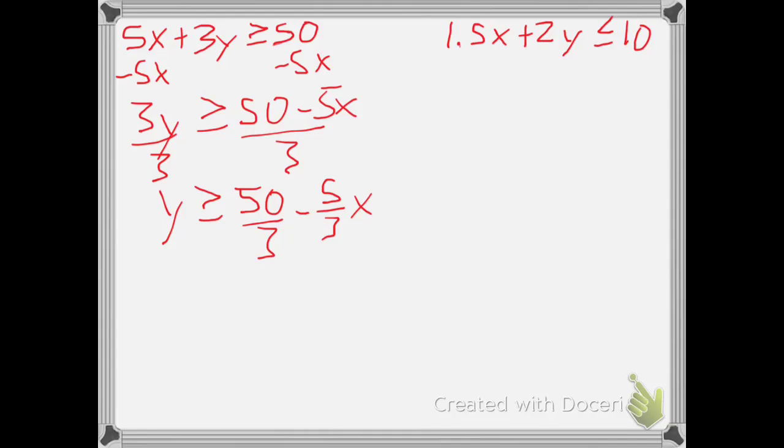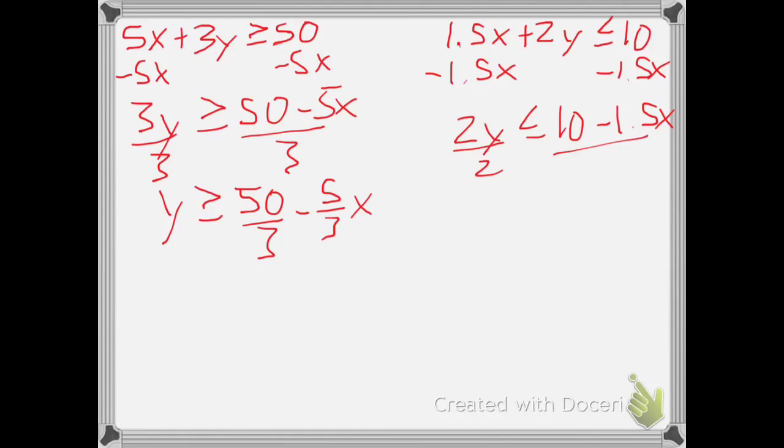And on the right one, you got to subtract that 1.5x part on both sides, because you want to get y by itself. You'll get 2y less than or equal to 10 minus 1.5x. You got to divide by the 2, so divide everything by 2. You'll get y is less than or equal to 10 divided by 2 is 5.